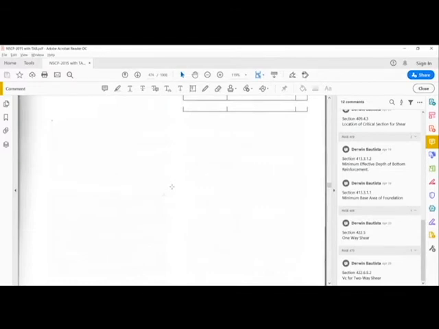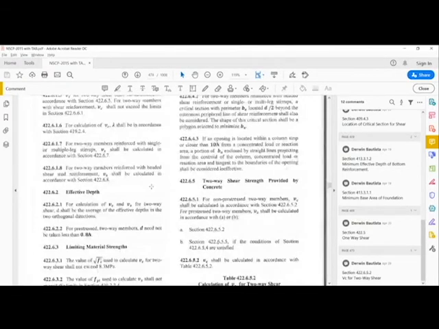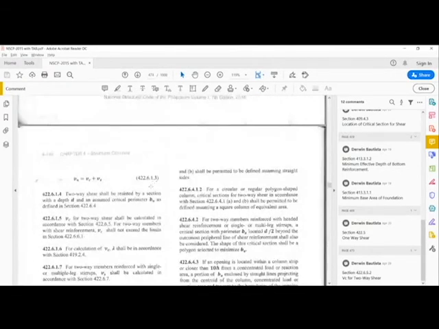Okay, no? So how are we going to utilize these codes in solving for our minimum depth against two-way shear?